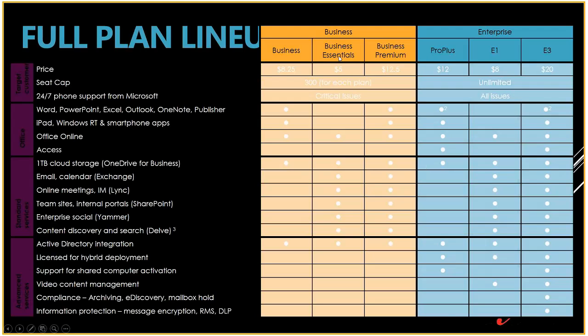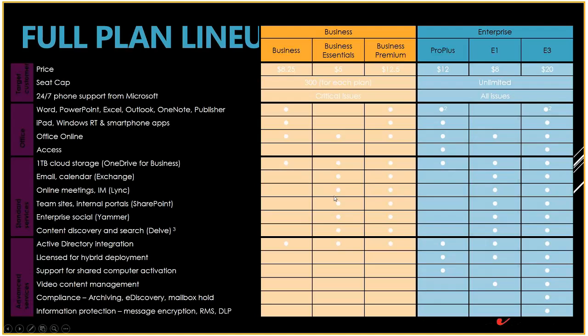Business Essentials and Enterprise E1, those are for companies that don't need Office. So as you can see, for those, we're going to include the web app of Office, OneDrive for Business, the email mailbox, Skype for Business, SharePoint Online, Yammer, Content Discovery, all of that good fun stuff.